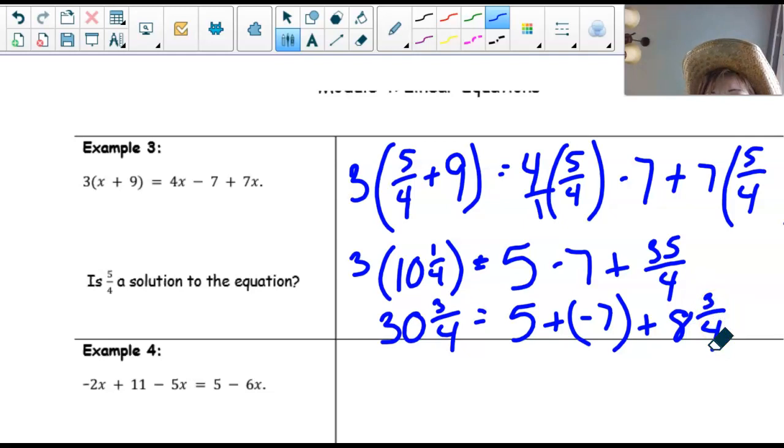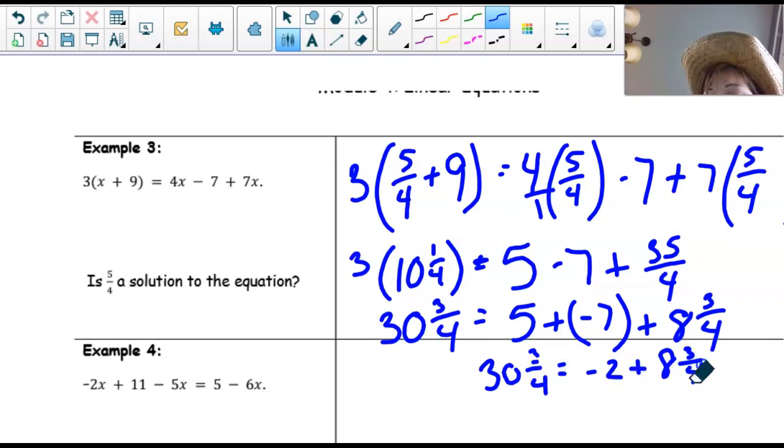Now we're crunching on example 4. Oh well. 30 and 3/4, 3 4s. So that's a -2 plus 8 and 3/4 is 30 and 3/4 equal to 6 and 3/4.